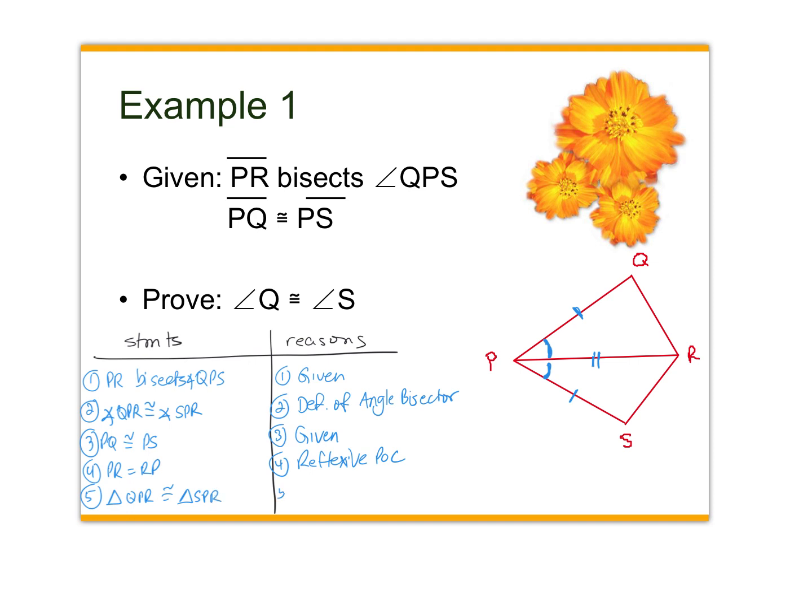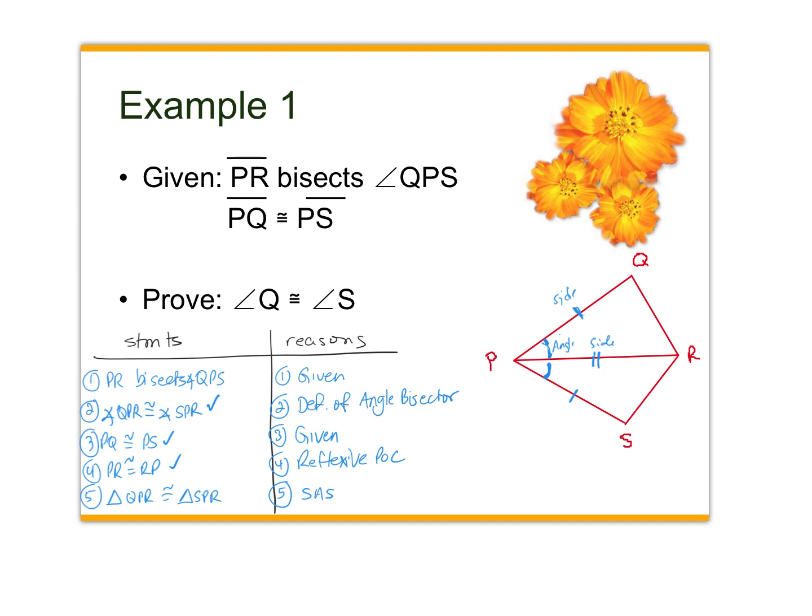How do I know that? Well, because I have a side, I have the included angle, and I have another side. So I know side angle side postulate is the reason. Notice I have the angle here, a side here, and another side, so I have my whole side angle side here.